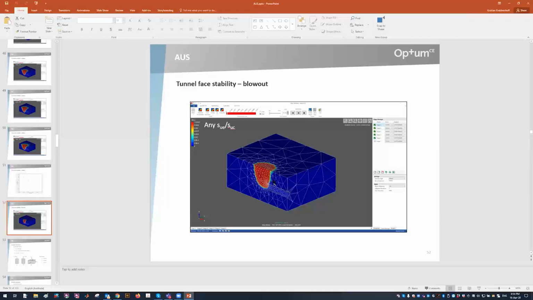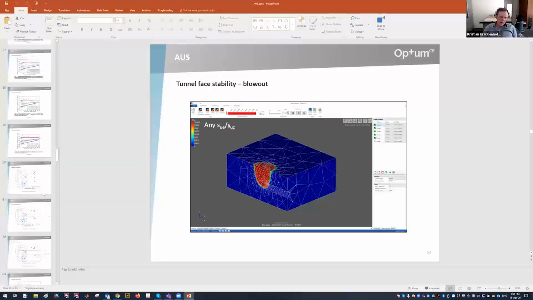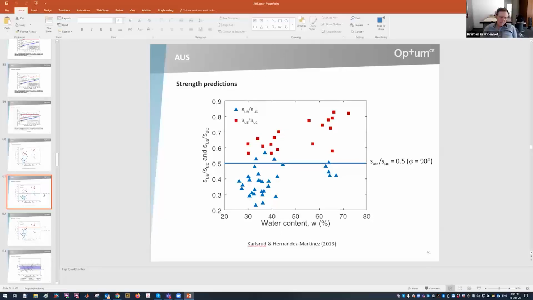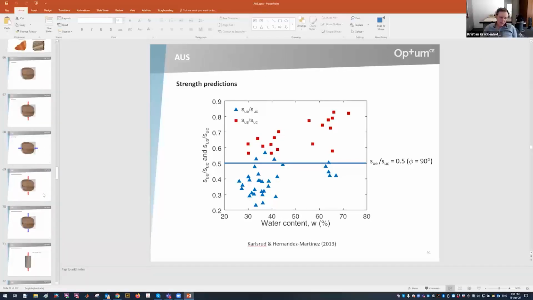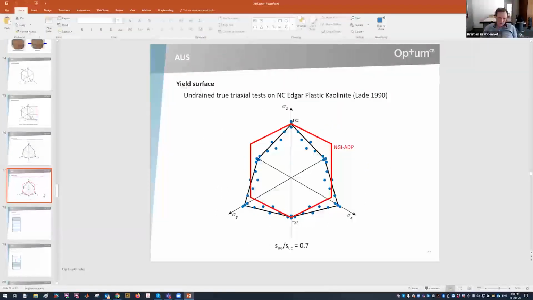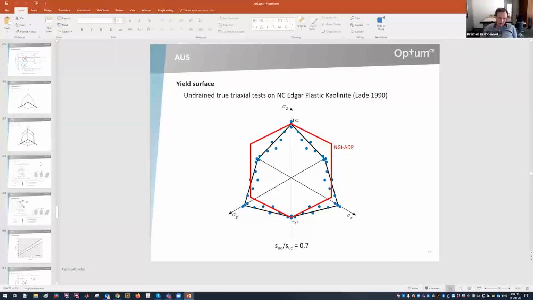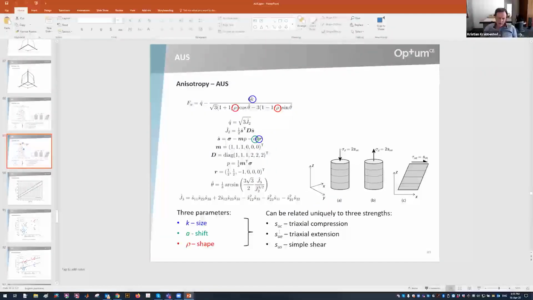Okay. What if you add or include anisotropy on top of that? When does that come into play in terms of relevance? So now we're talking about an isotropic material here in this tunnel face stability blowout. The AUS model, I maybe didn't explain that properly, is designed so that you have these three strength parameters: the extension, compression, and simple shear.